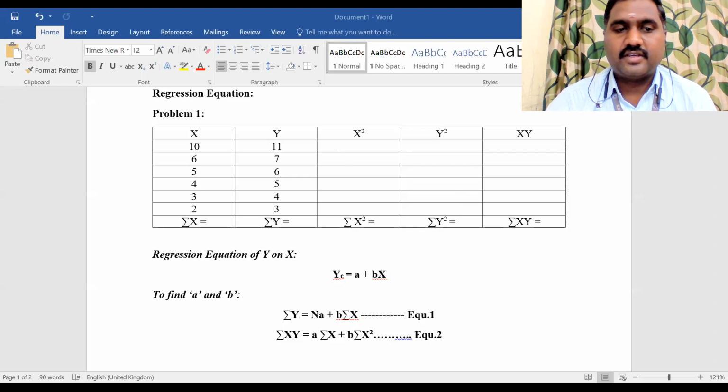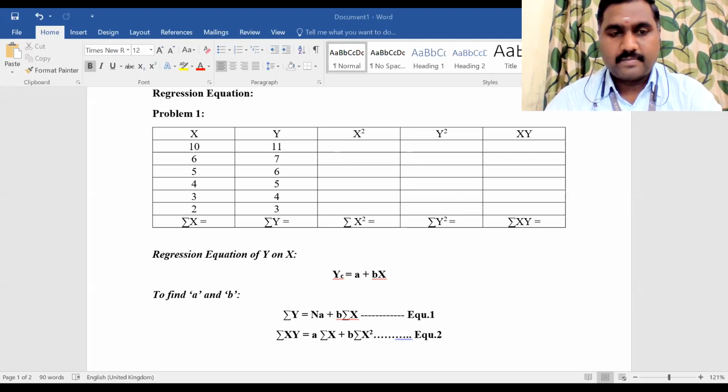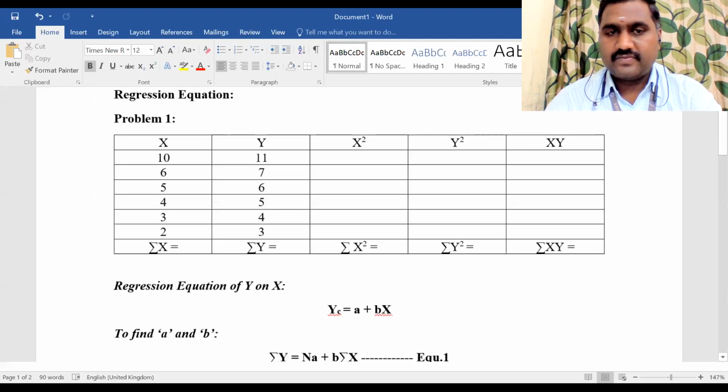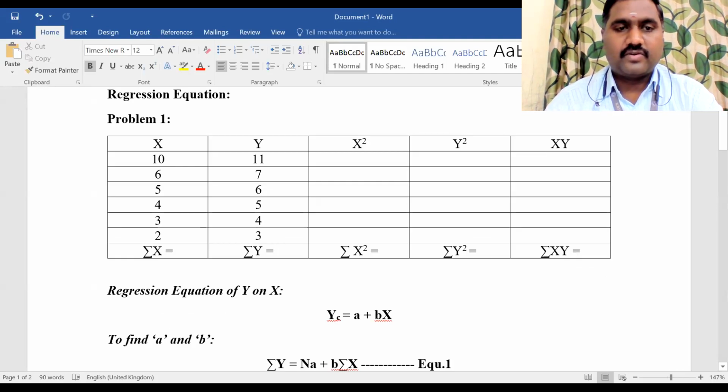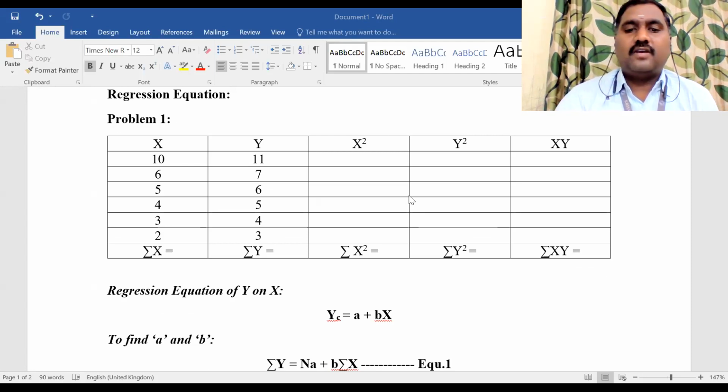Is it visible? Or you want me to zoom? Now is it fine, right? Okay, good. Now see, this is the problem.